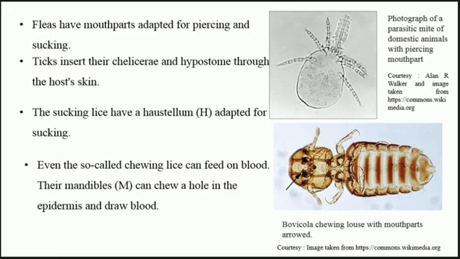Sometimes they chew and eat, but basically the chewing is to make the area from where the blood can be taken up. So this is the biggest difference between the ectoparasite and the endoparasite. If you can remember about the endoparasite, their biggest adaptation, again, what kind of food they are absorbing.